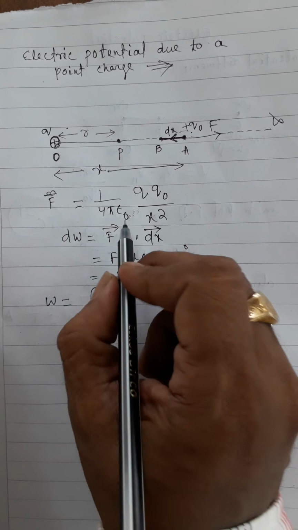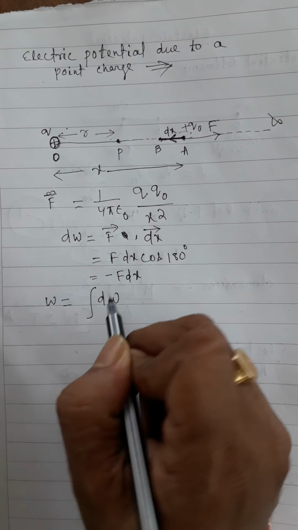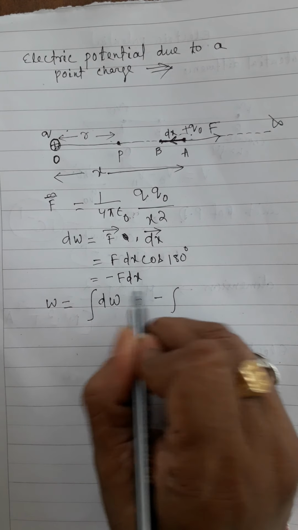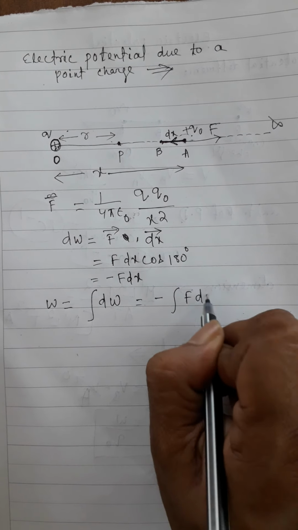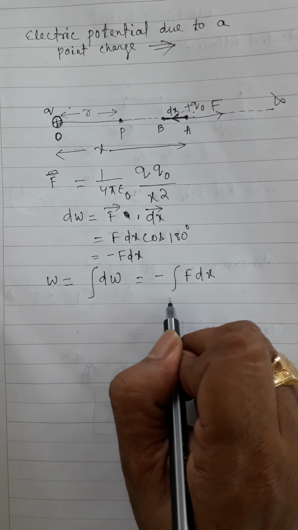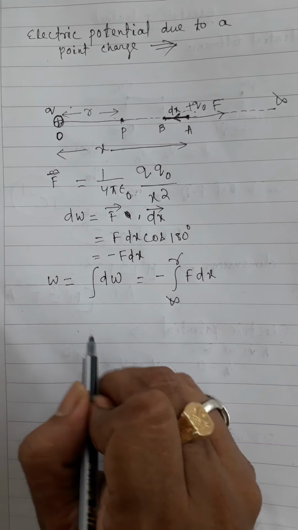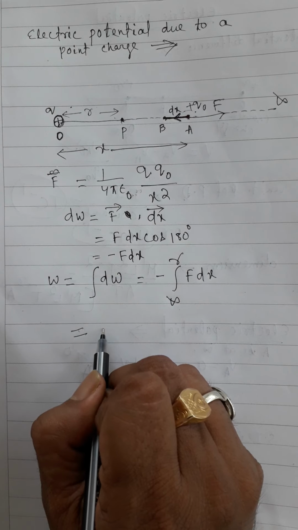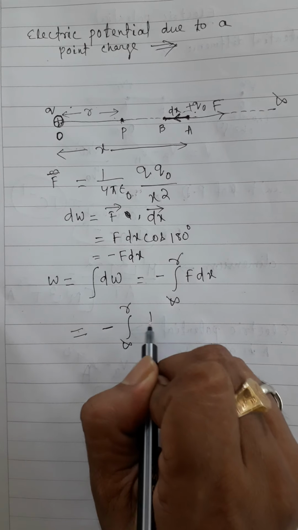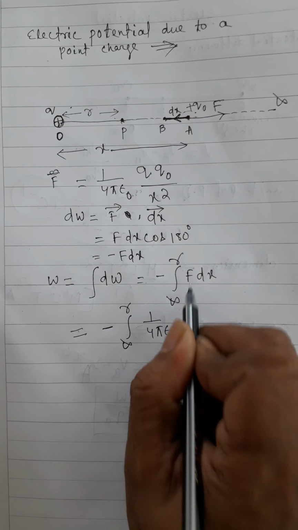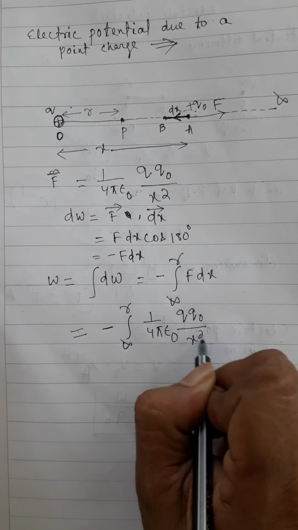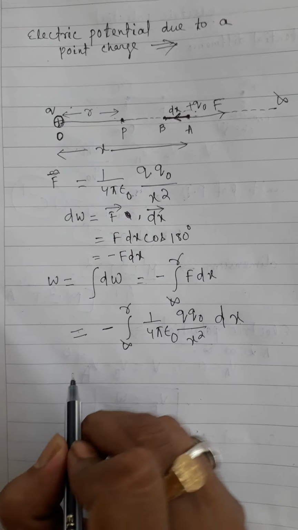the integration of dW, that is minus the integration of F dx, from infinity to r. So it will be minus the integral from infinity to r of 1 by 4 pi epsilon naught, Q Q0 divided by x squared, into dx.